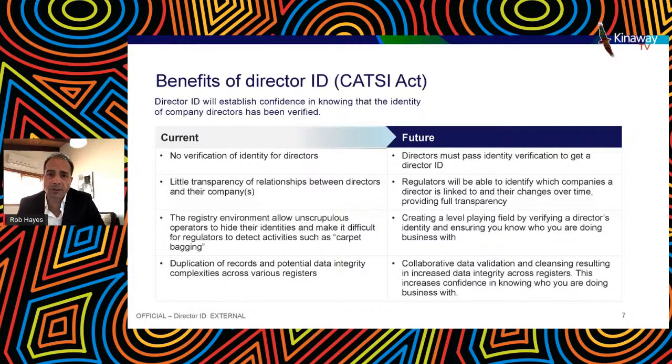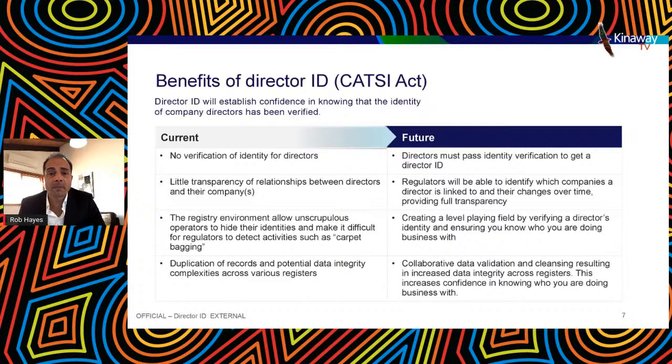I mentioned that director identification introduces a robust identification verification process, and we're going to talk a little bit about that shortly, about how to go about proving your identity in order to get a director ID. Currently, in the current environment, there is also the potential for the duplication of records.